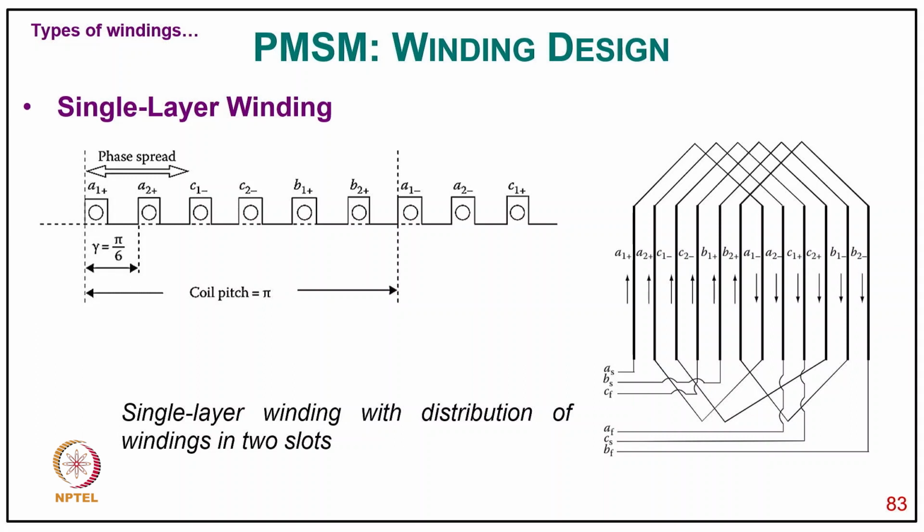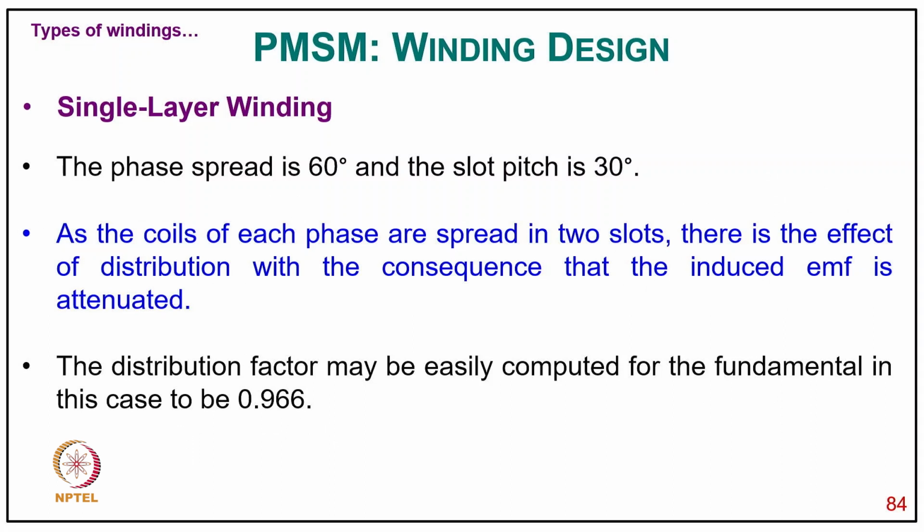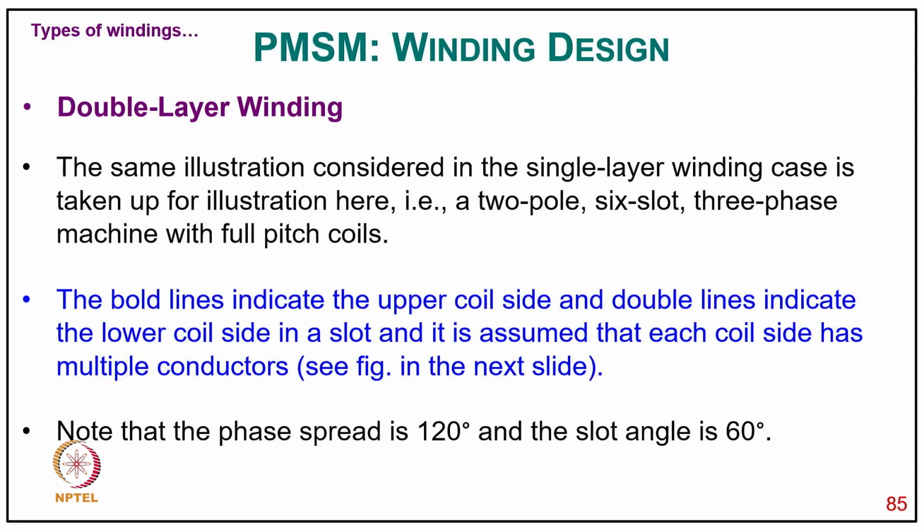You can see clearly the winding distribution of the single layer winding, distributed in 2 slots. The phase spread is 60 degrees and the slot pitch is 30 degrees, and as the coils of each phase are spread in 2 slots, there is the effect of distribution, with the consequence that the induced EMF is attenuated. The distribution factor may easily be computed for the fundamental case as 0.966.